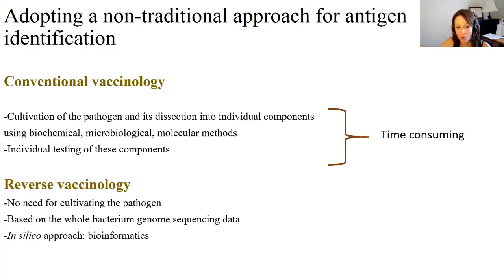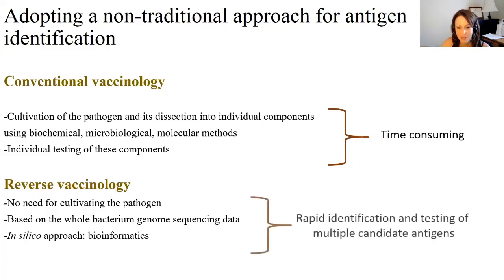It is based on whole bacterium genome sequencing data, and an in silico approach is prioritized, meaning that we will usually rely on bioinformatic tools to identify, characterize, and localize at the bacterium level the proteins of interest. This approach allows for the rapid identification and testing of multiple candidate antigens.